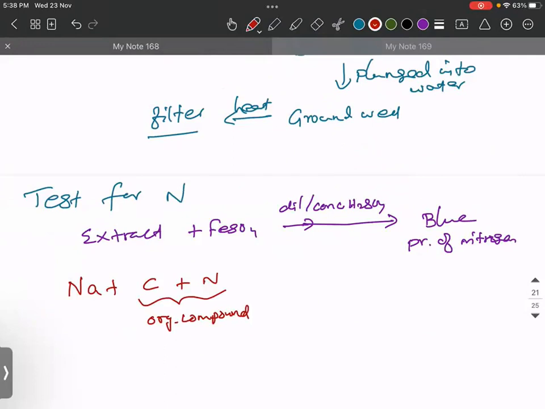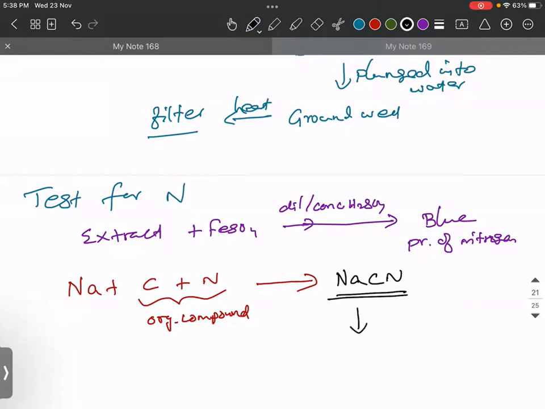So you get carbon and nitrogen from the compound. The sodium metal will pyrolyze, meaning it converts to atoms, and it gives NaCN. Now this NaCN is water soluble. So in that extract you have sodium cyanide.